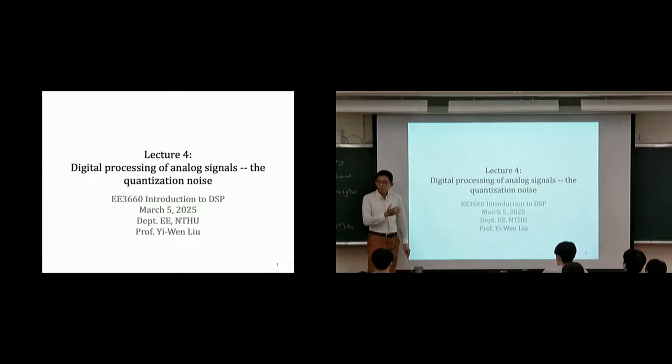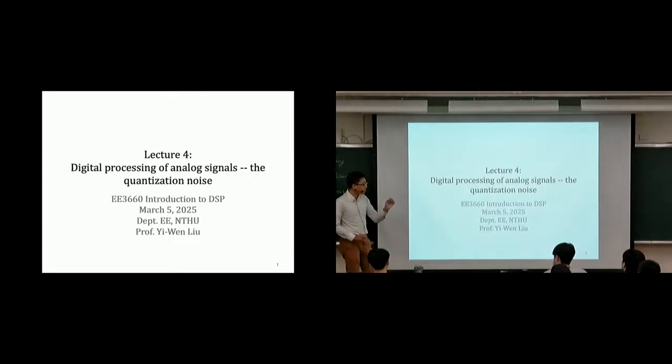Just inevitably, 无可避免, when we represent a real number by finite resolution, by just 8 bits, 16 bits, 32 bits, 64 bits, there will be an error of rounding. 做四舍五入的时候, we'll see that to encode a real number, we recommend using rounding. Okay, 用四舍五入. But then after rounding, the fractional part, 小数的部分, is abandoned, right? So that introduces a kind of error, which we call quantization noise. Error is noise. Error is unwanted.